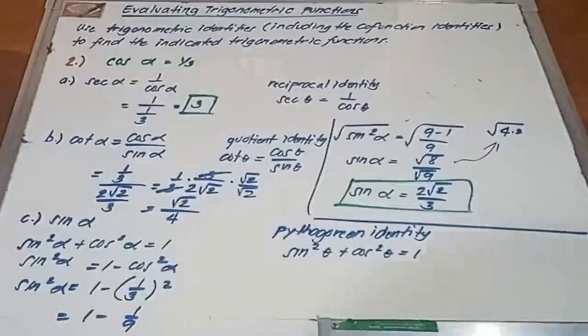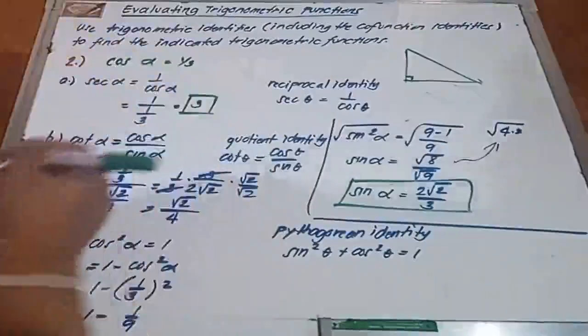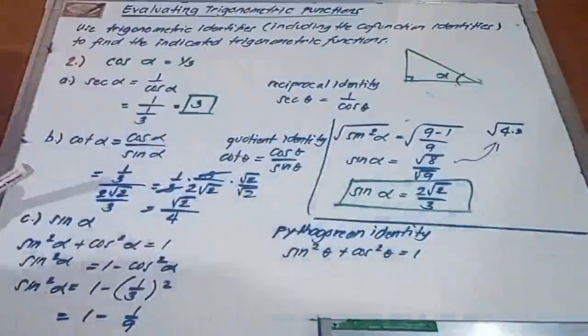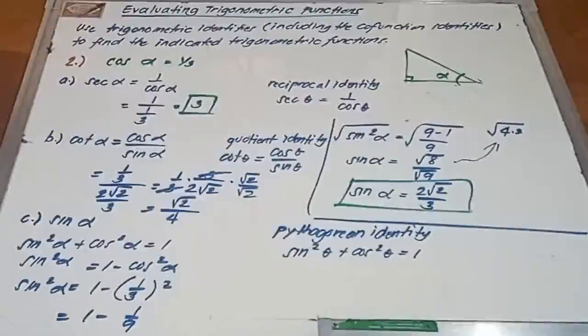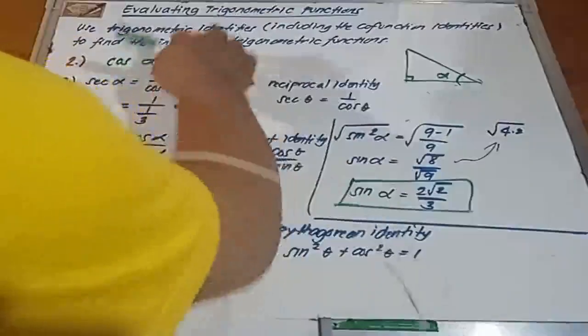Now, i-verify nga natin to if we're going to construct a right triangle. Let's find out if we're going to get the same answer. Cosine alpha, let's say this is our alpha. Given yung cosine alpha, we have 1/3. Itong alpha natin, that is adjacent side over hypotenuse, ito yung 1, ito yung 3.